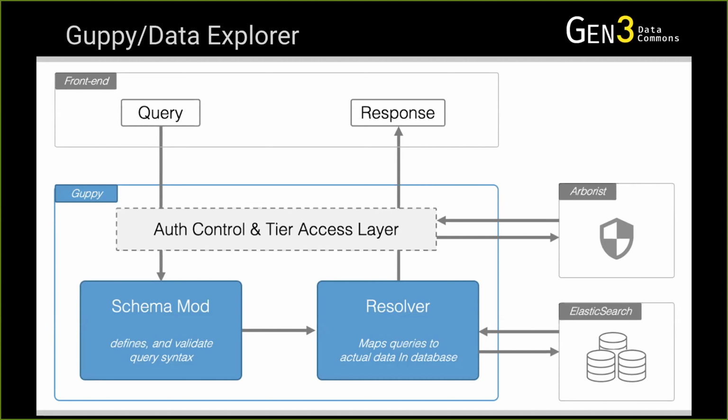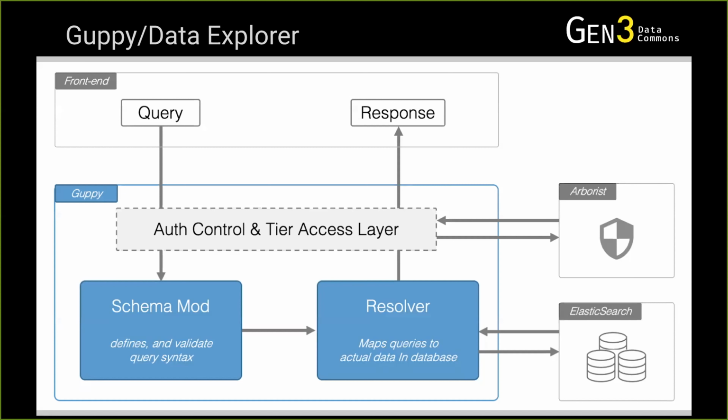And we go through an ETL process to make pieces of that data available in Elasticsearch, such that we can do kind of faster real-time filtering that you see in the exploration page. So Guppy is a service that we have that translates GraphQL and is able to do the search over Elasticsearch and return results.